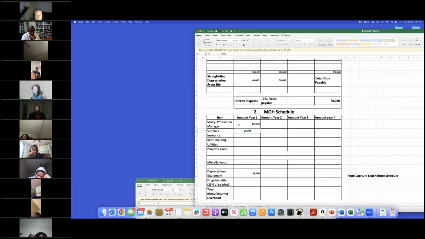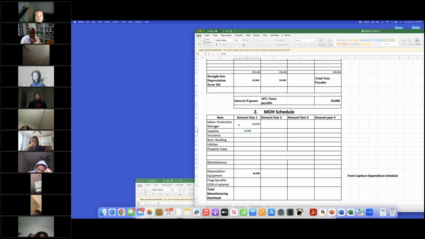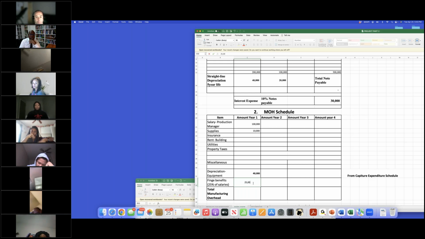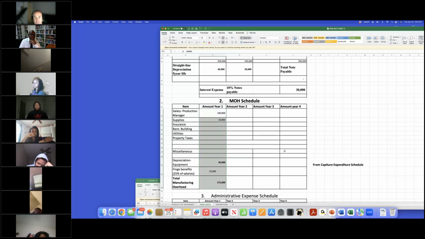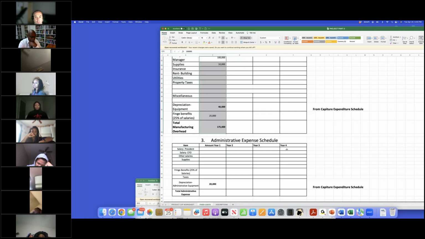That's an extra cost that you would have. And so if these were your overhead costs, then we'd auto sum those. And if we auto sum them, you got 175,000. And so 175,000 becomes the manufacturing overhead.